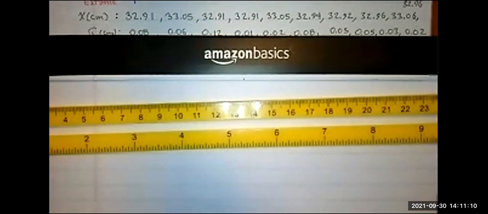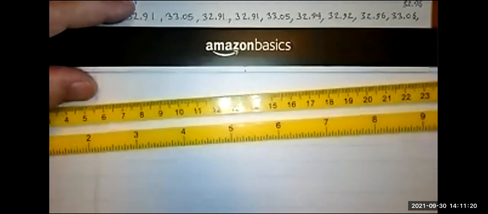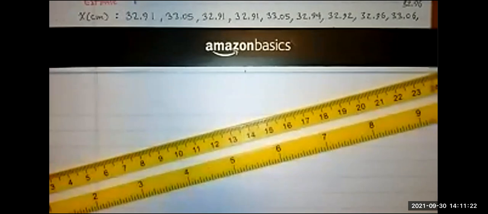There's a 10th one up there, 32.96. So you might want to get that number too. It's 32.91, 33.05, 32.91, 32.91. I'm trying not to show you the second row yet. 33.05, 32.94, 32.92, 32.96, 33.06, and then 32.96.